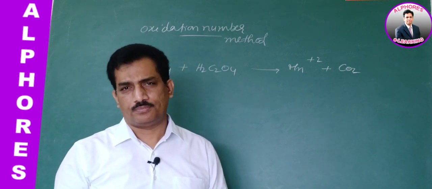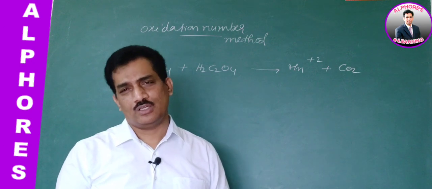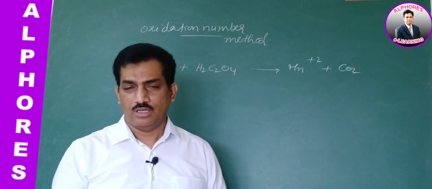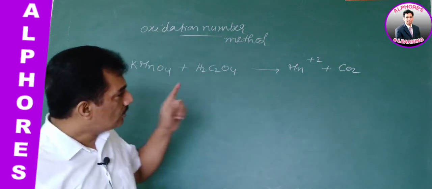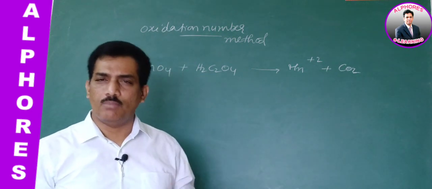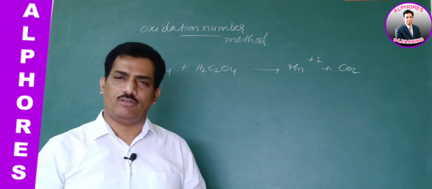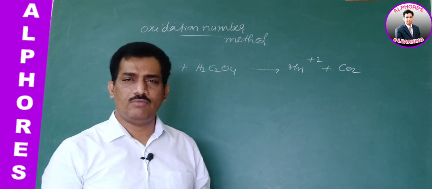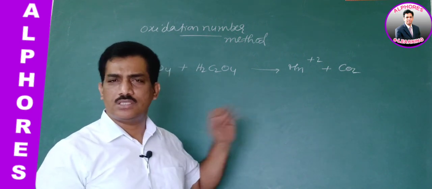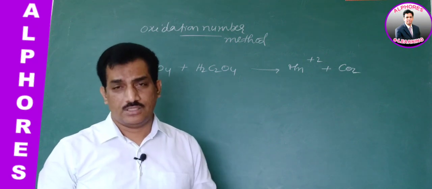By taking that much time it is not possible to solve the questions in a competitive examination. That's why in the oxidation number method we can easily balance the equation. Not only myself, all the people consider that this is the convenient method to balance the equation.